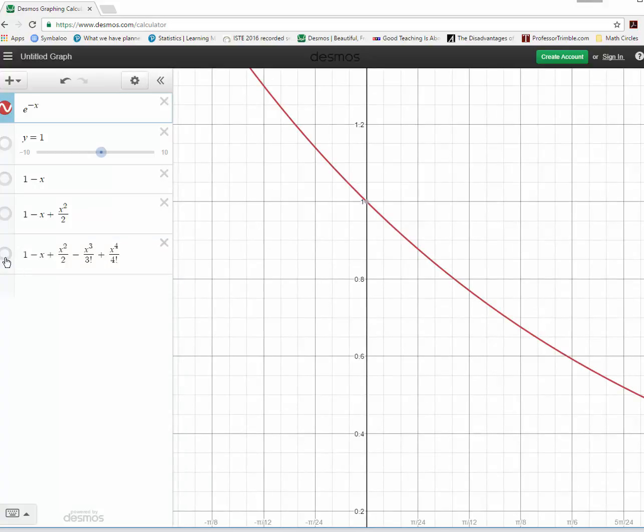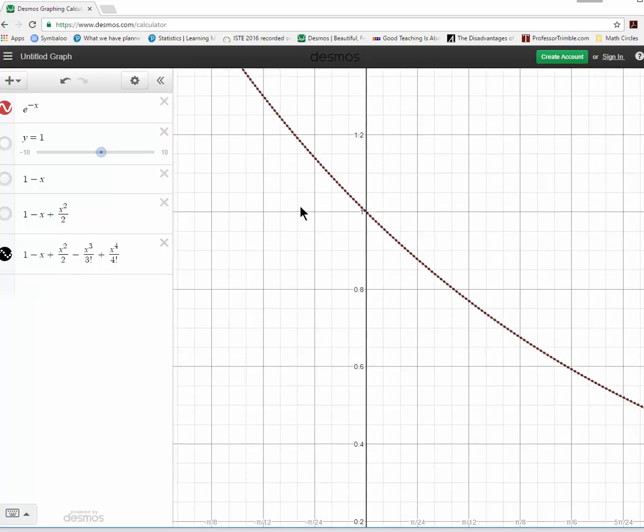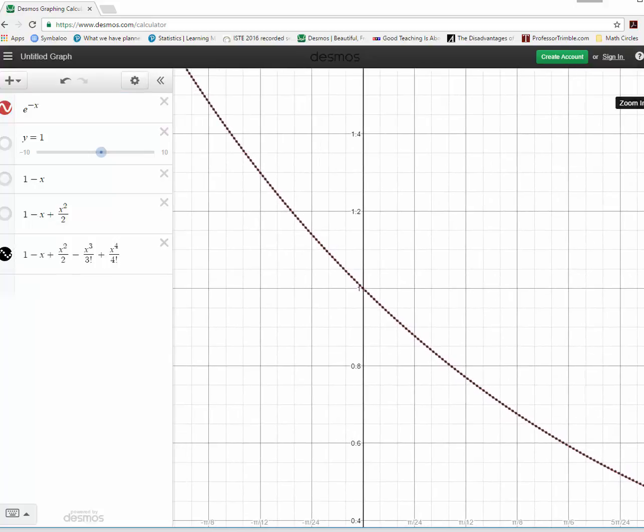So let's see what does a really good job with that. Let's do a dotted line here. Now it's really hard to see. Let's see if we can get it to show up a little better. But we can kind of see all these little black dots here? This is the graph of that fourth degree polynomial, and look what a good job it does. It does a real bang up job.